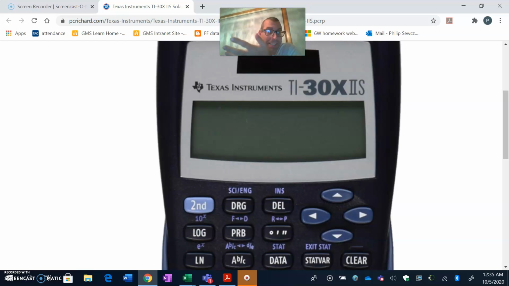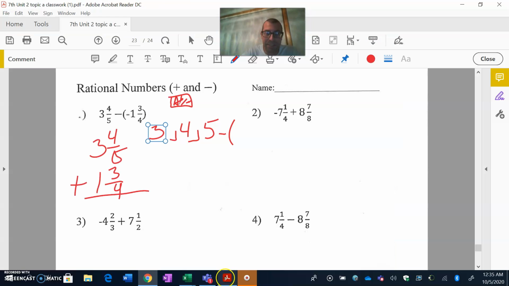Obviously, the ABC doesn't, but regarding the symbols, it certainly does. So you hit the negative, and then a 1, an ABC, a 3, an ABC, and then a 4. All of that should be in your calculator. If you hit enter, it's going to give you the answer.